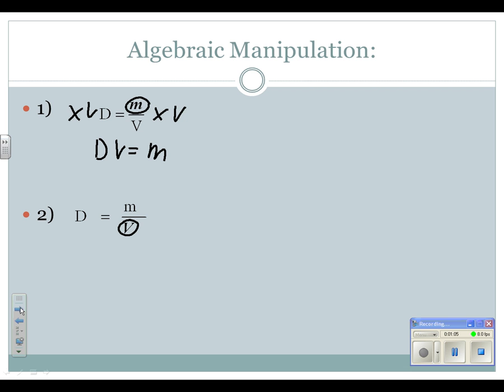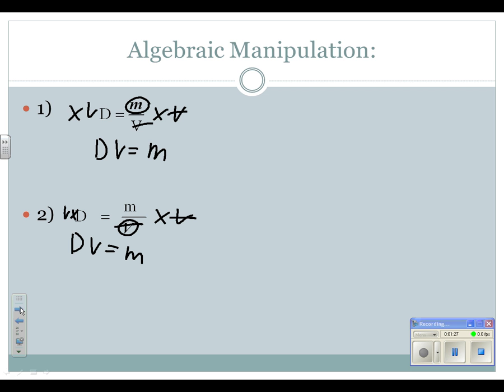There we go. The one on the right, we're trying to solve for volume now. We're still going to move the denominator over to the left, and then we're going to divide it out. So let's times everything by V, and we get dV equals M. Remember, these things cancel.